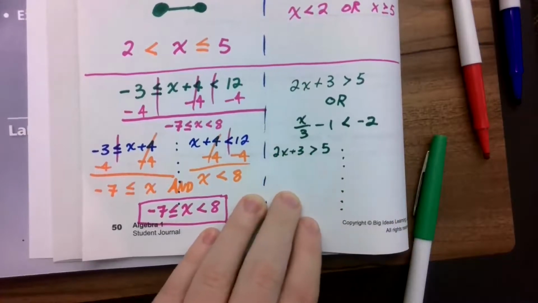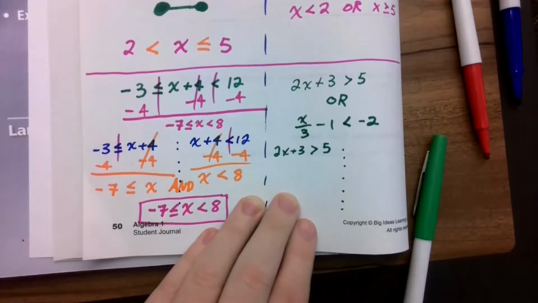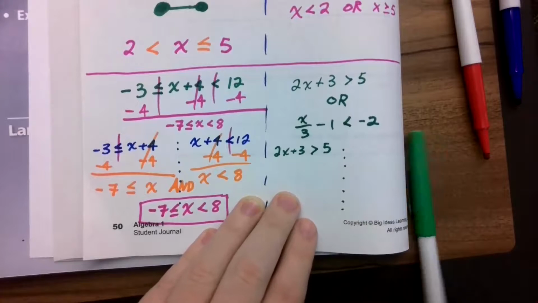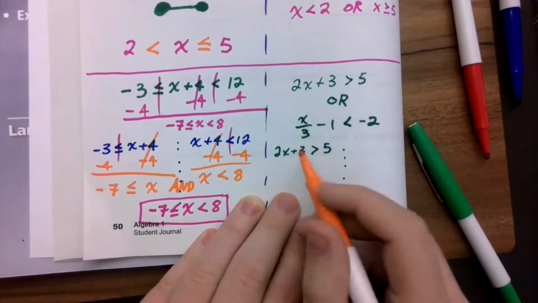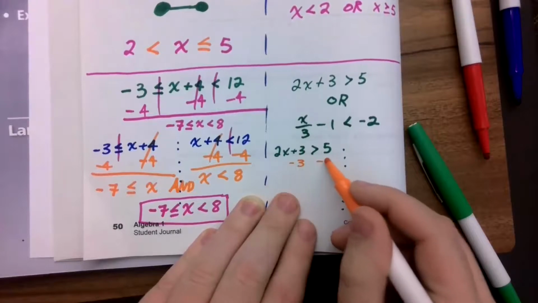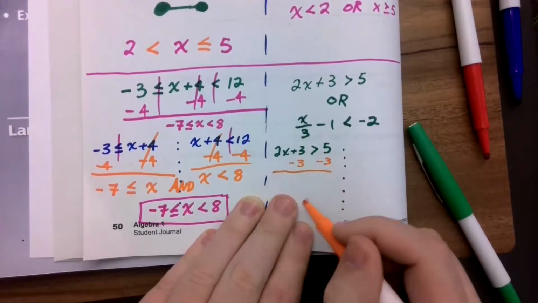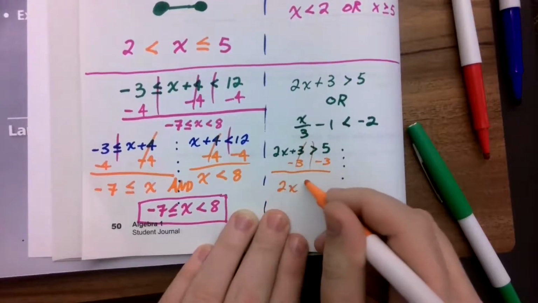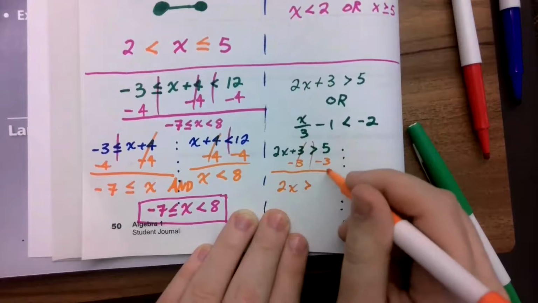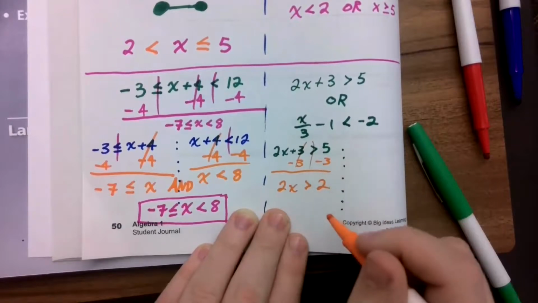Anytime you have to decide which to do first, you always need to think about reverse PEMDAS. Reverse PEMDAS tells us that we want to get rid of addition and subtraction first. So let's get rid of the +3 by subtracting 3 from both sides of our inequality. These cancel out, giving us 2x > 5 - 3, which is 2.